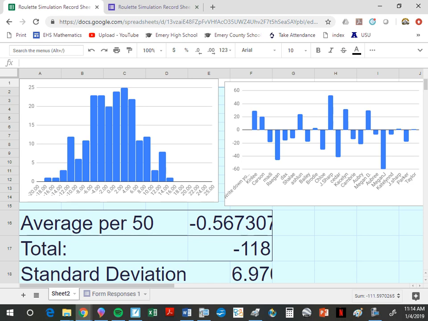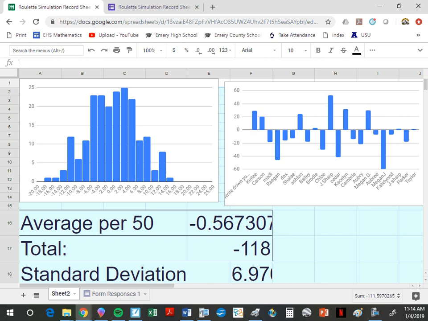And you will not be able to find a roulette wheel anywhere on earth that only lets you bet $1. So if you bet $2, what happens to this total? It doubles. A lot of roulette wheels are $10 or $20 wheels. So now we multiply that by a lot more. Okay? And we're going to check to see if this roulette simulator is accurate, because it might not be. It might not be giving accurate numbers or truly random numbers.